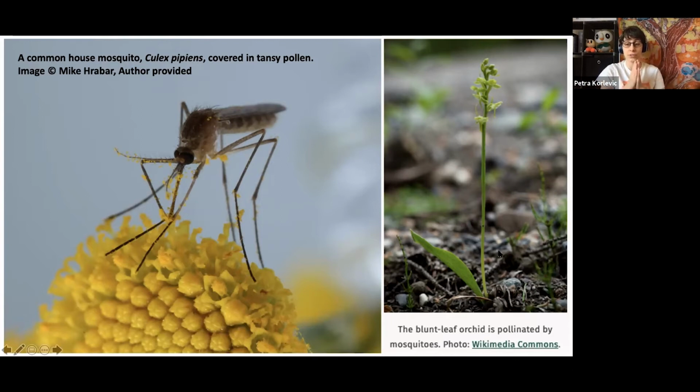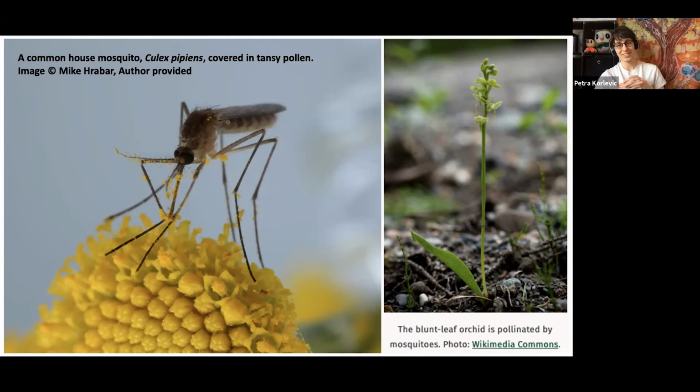It's an orchid that is known to be pollinated by mosquitoes and other flies. When people talk about pollinators, they always talk about butterflies, bees, bumblebees, hoverflies, because they kind of look like bees, so let's put them there. But there's so many more flies that pollinate plants, including mosquitoes, that we know very little about.